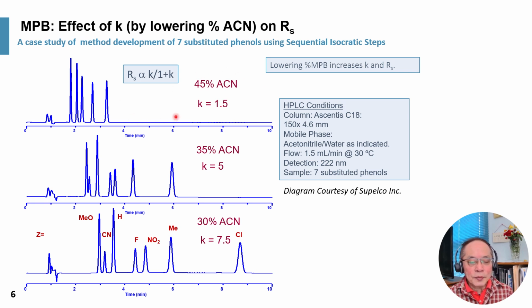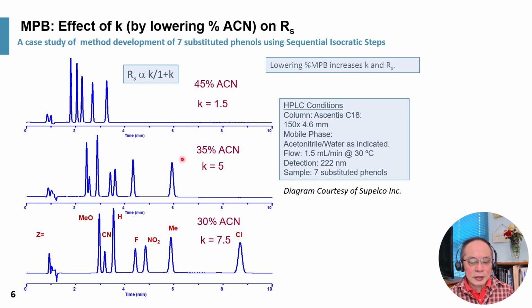At a K of 1.5 for the latest eluting peak, we showed a separation of 5 components, which is not good enough. By further lowering the solvent strength to 35% acetonitrile, the K is increased to 5, therefore giving you a higher resolution because of this relationship.